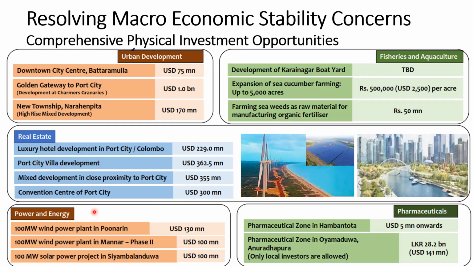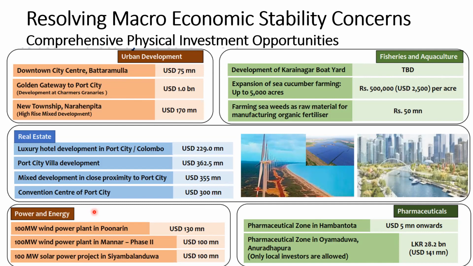Then we have to think whether we are allowing these renewable energy developments for foreign countries, and if we pay the tariff in dollar terms, are we getting the maximum benefit of using the renewable energy resources? Why do we go for renewable energy resources? It is to reduce the foreign exchange outflow.